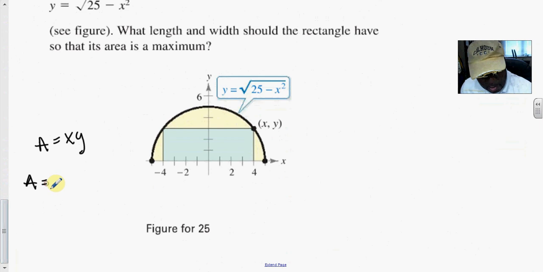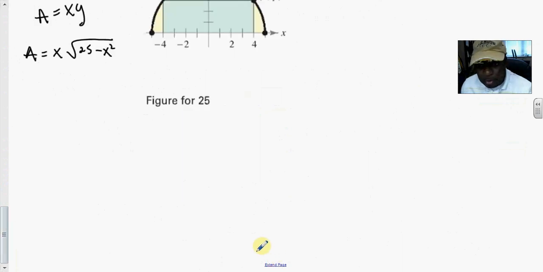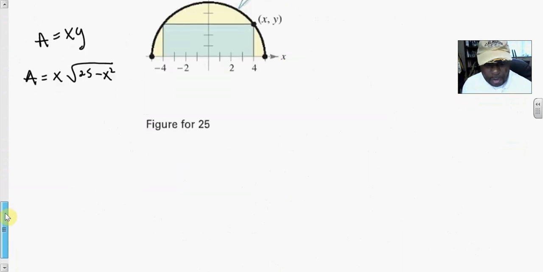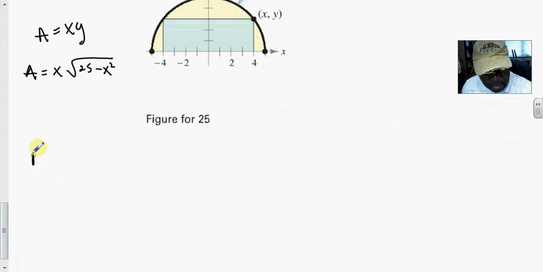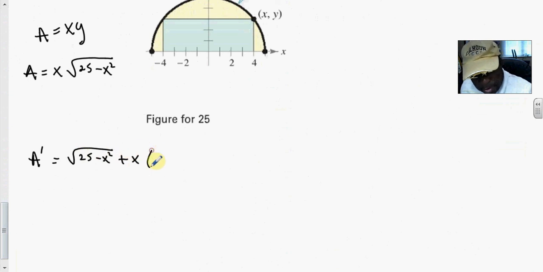So the area is equal to x, and y is given there as the square root of 25 minus x squared. So to maximize the area, we need to find the first derivative. So A prime is equal to the derivative of the first, which is 1, times the second, plus the first times the derivative of the second.